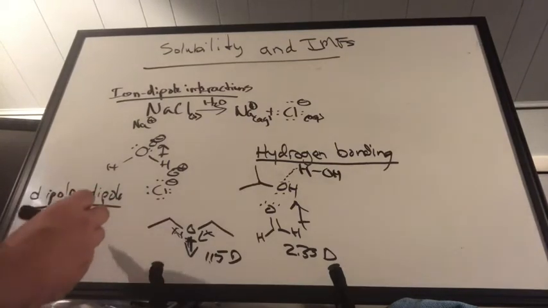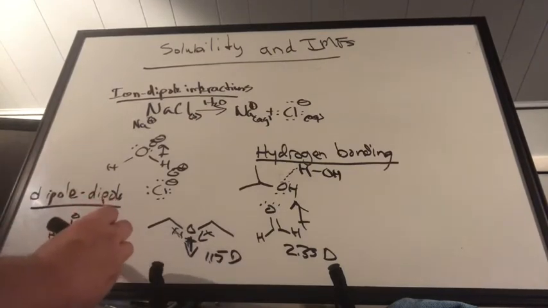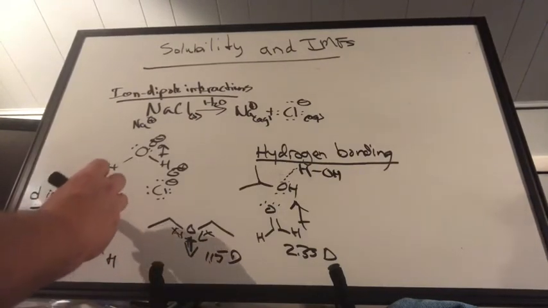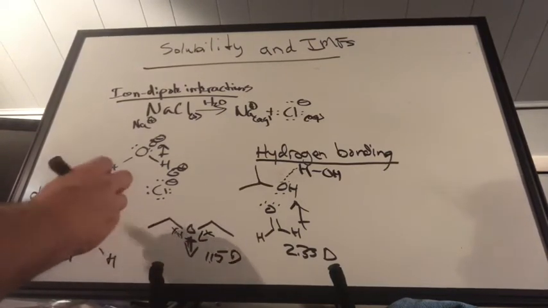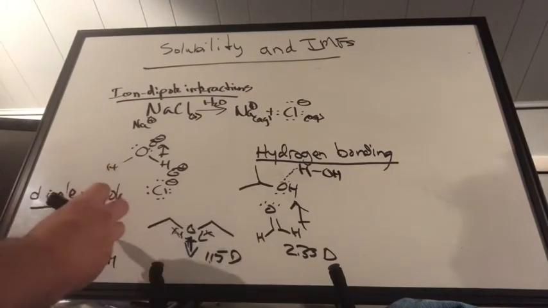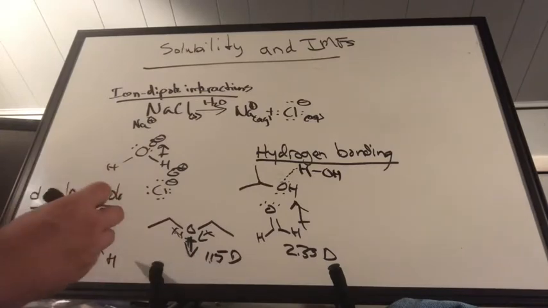Okay, this is not going to hydrogen bond, right? So we're talking about dipole here. But that partial negative and partial positive are going to line up happily. Okay, so these are little deltas.